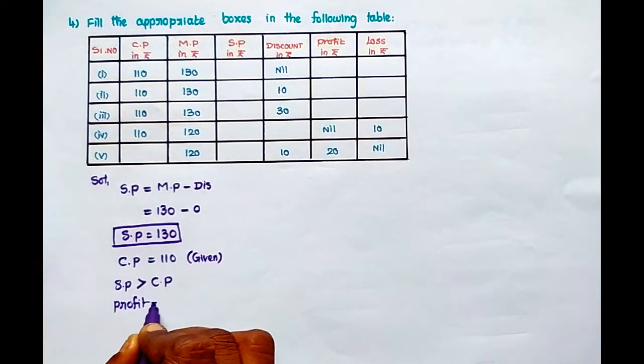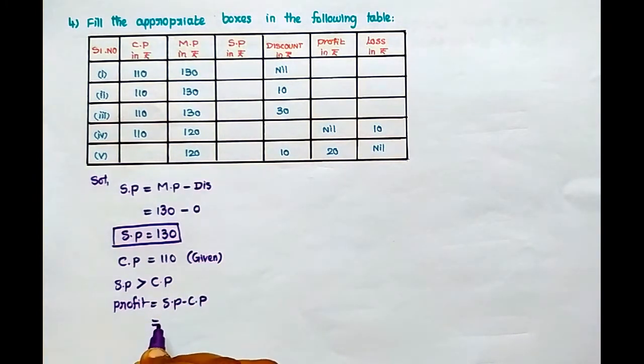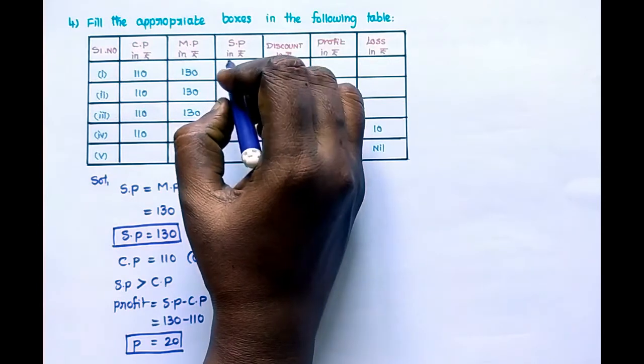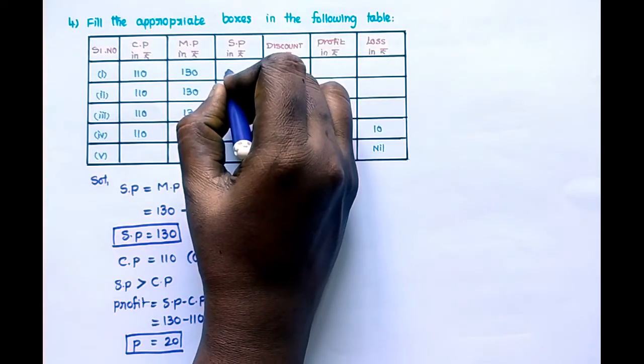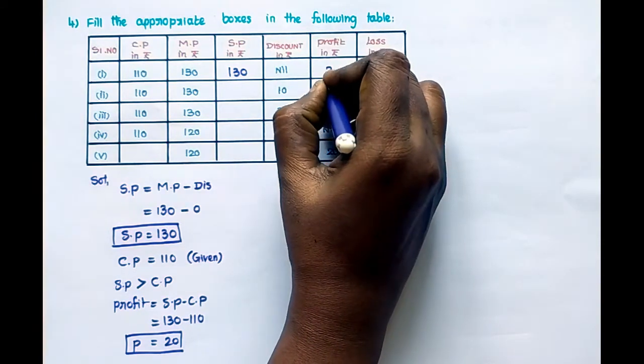Profit equals selling price minus cost price, that is 130 minus 110, we get rupees 20. That is profit. Now in the first column, selling price is 130 and profit 20 rupees.